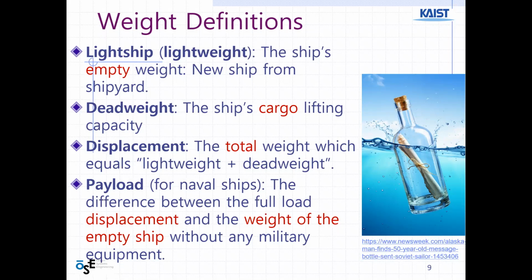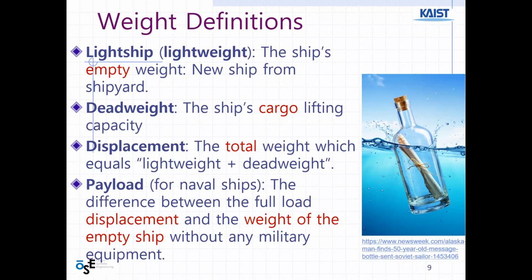So light ship weight is something like the bottle weight, including the paper letter. When you pick up this bottle and place it on some weight gauge, or you can feel the weight of this bottle when you pick it up in the air.